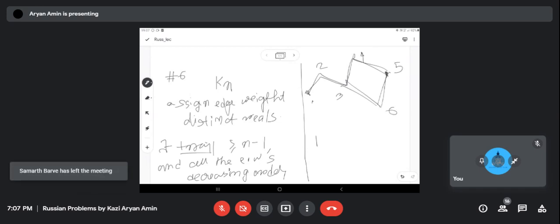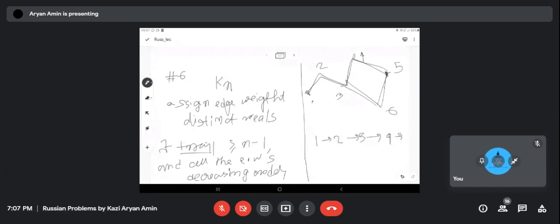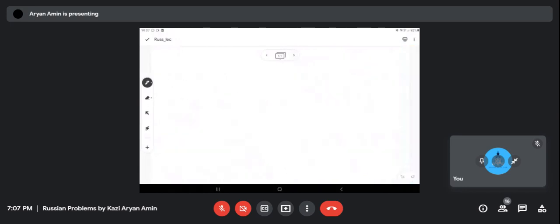Then something like 1 to 2 to 3 to 4 to 5 to 6 to 3 is a trail. Basically, a trail is a path with repeated vertices. Okay, understood, cool. Does anyone have any ideas for this problem?